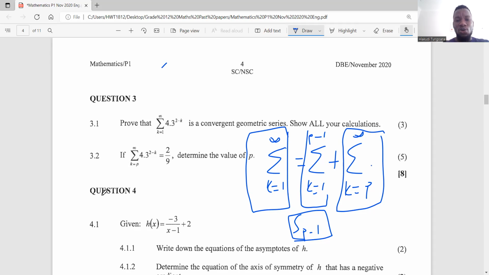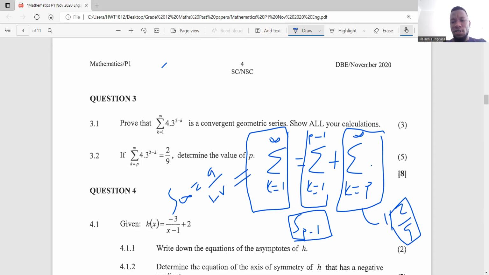And then remember, we can derive this one, the sum to infinity, which is A over 1 minus R. So we know the left-hand side is the sum to infinity, which is A over 1 minus R, and we know this one is given, which is 2 over 9. So we just need to solve for this one and the middle one.